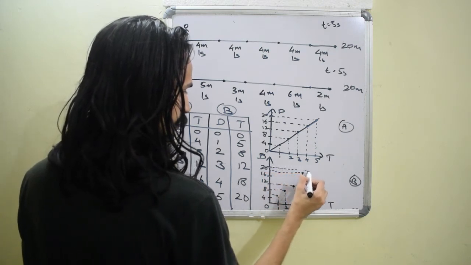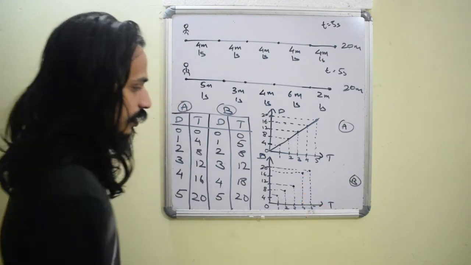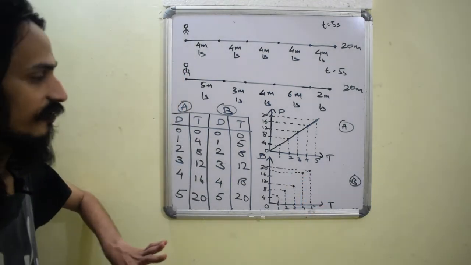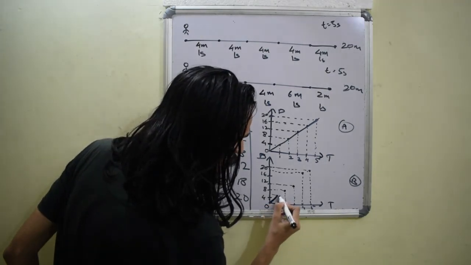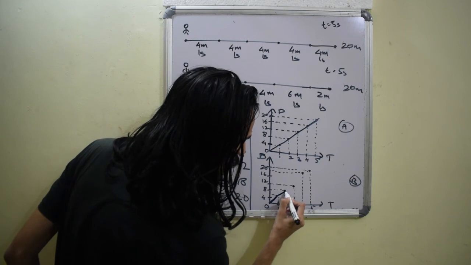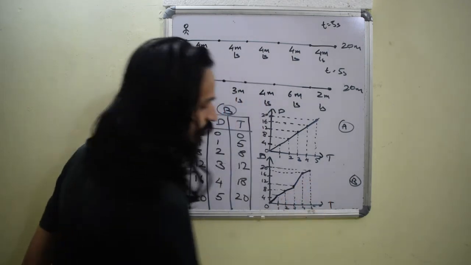So nothing but somewhere over here. Now you'll notice I cannot connect this graph with one straight line. Okay, first it will go like this, then it will go kind of like this, then like this, then like this.